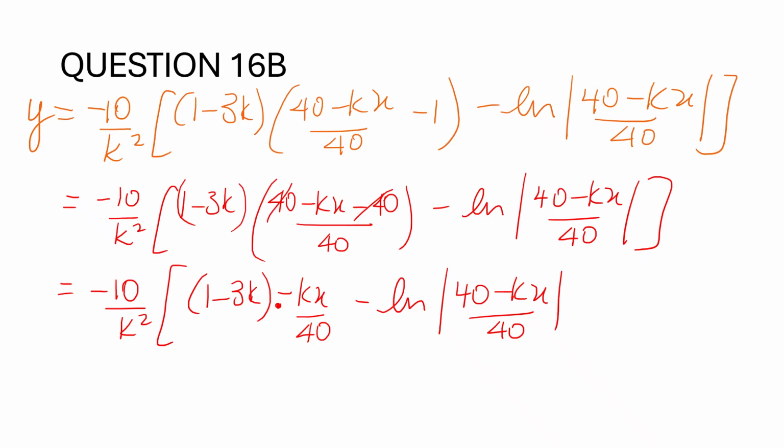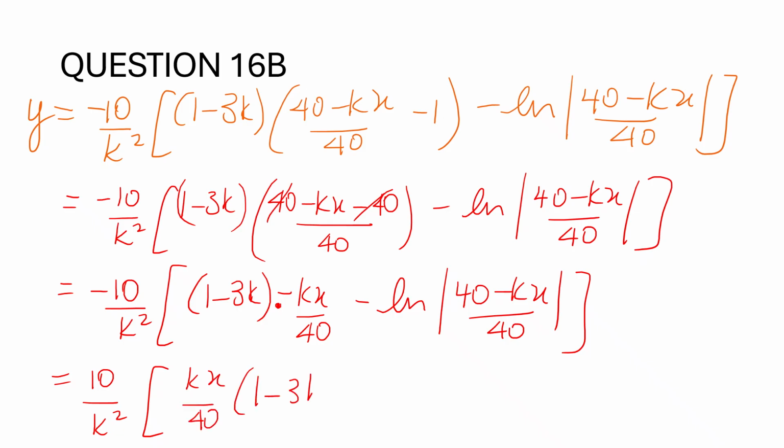Let's just take that negative out. It equals 10 on k squared, kx on 40, 1 minus 3k plus ln 40 minus kx on 40.